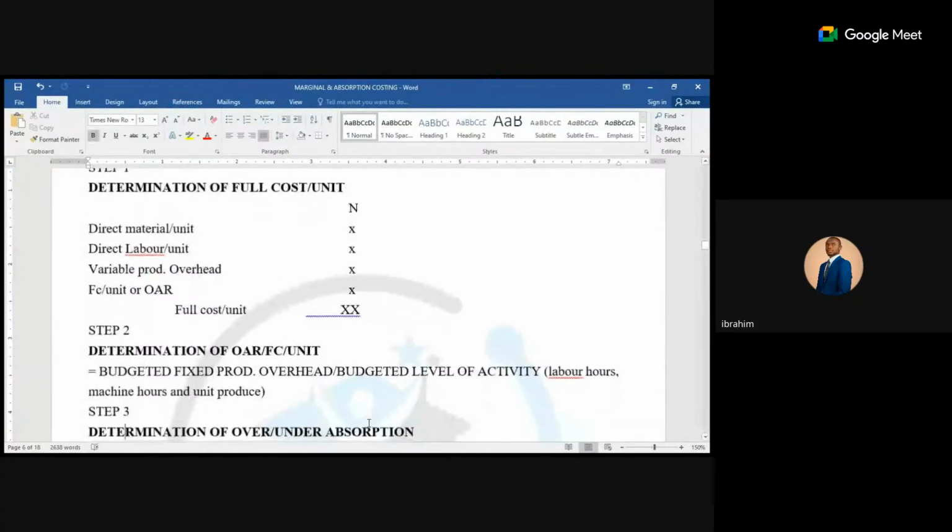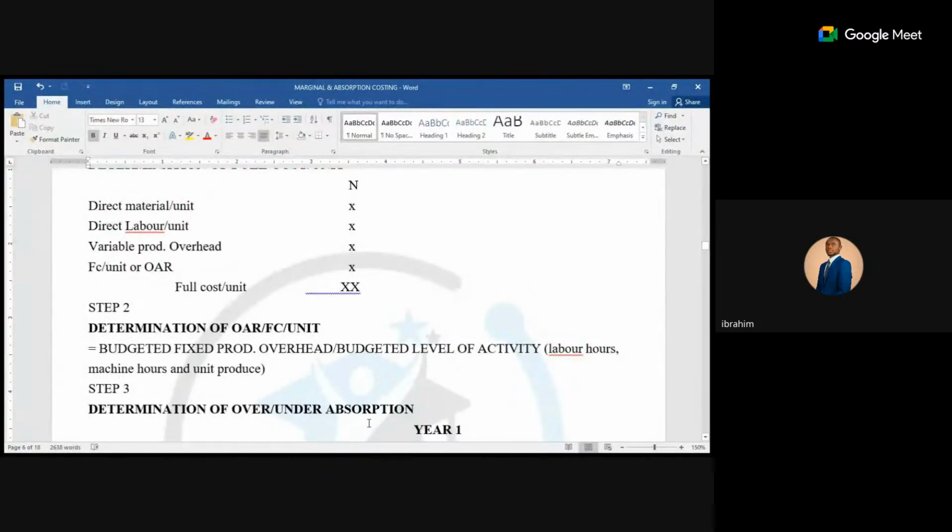If you want to determine the OAR or fixed cost per unit, it is calculated as the budgeted fixed production overhead, I've mentioned it before now, right? Divided by the budgeted level of activity.